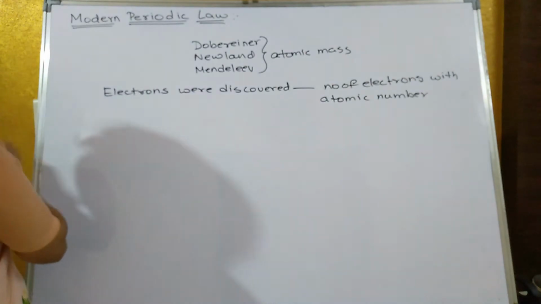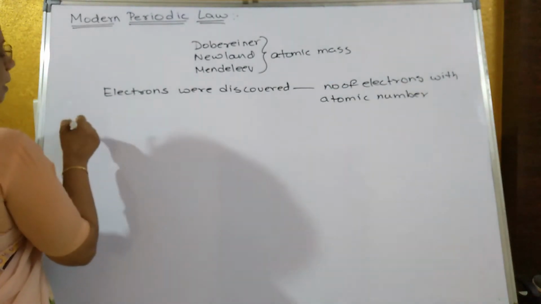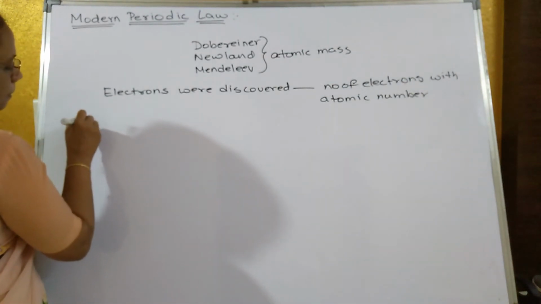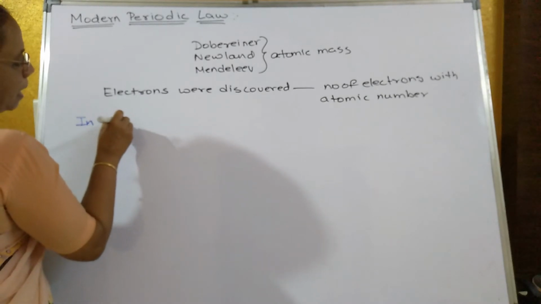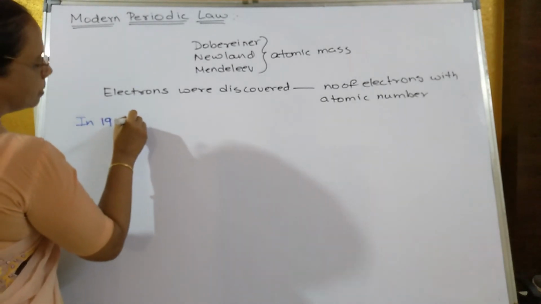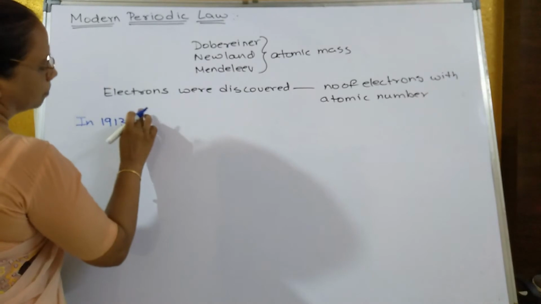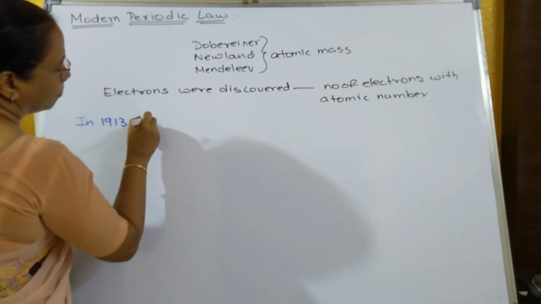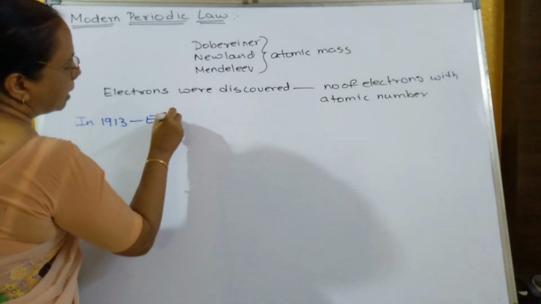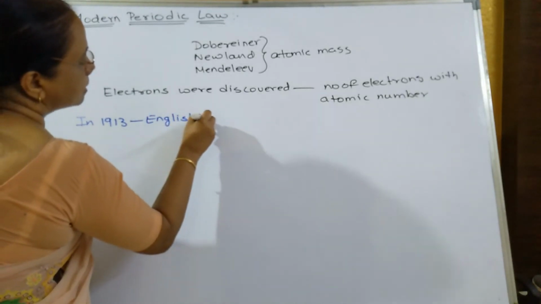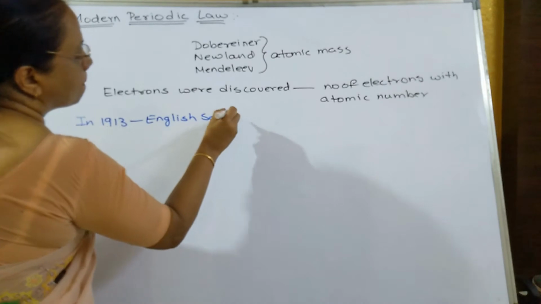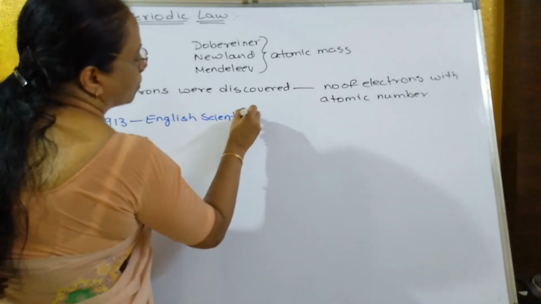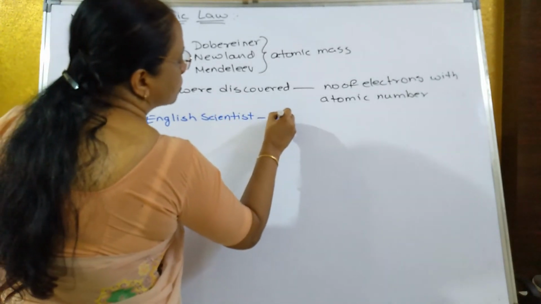Now in 1913, an English scientist, what was the name of the scientist? Henry Moseley.